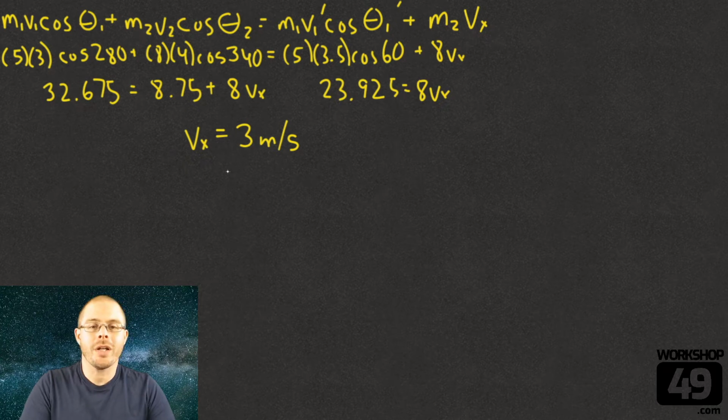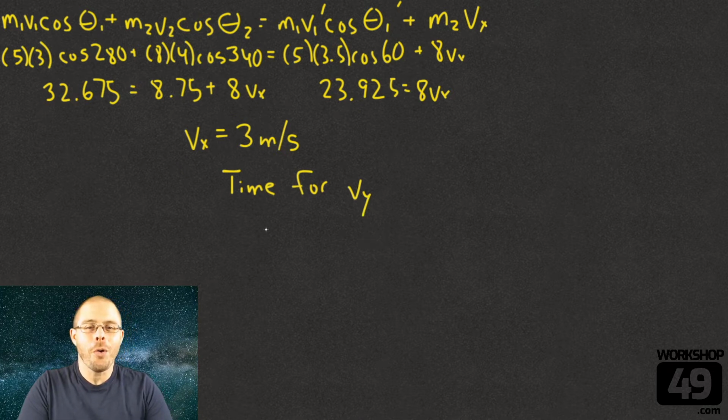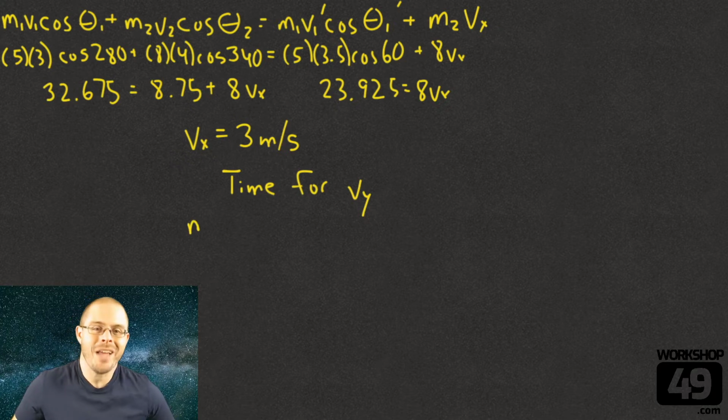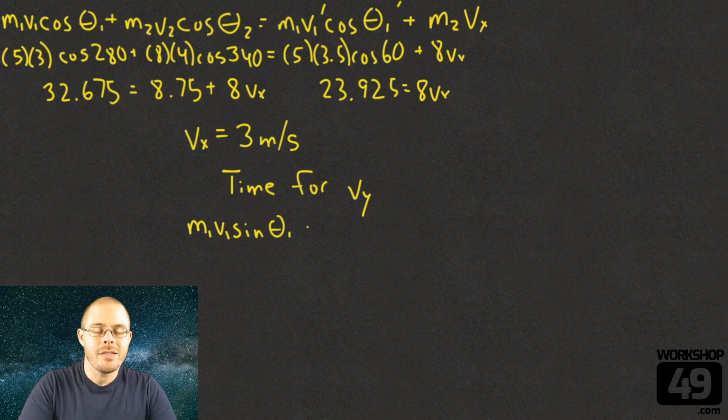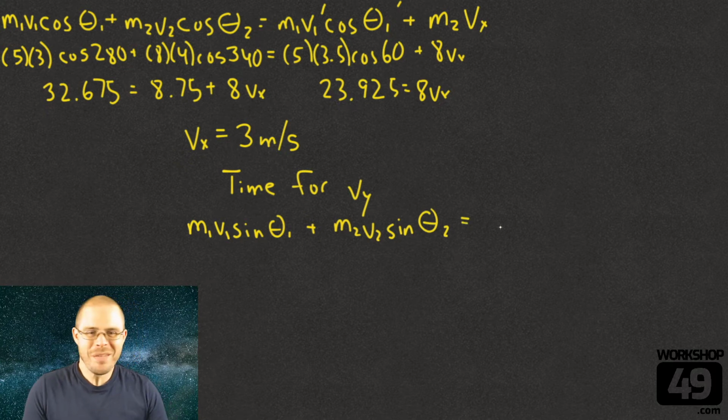Once again, we're going to set up a modified momentum equation, except this time, instead of coses, we're going to be using sines, because sines of thetas give us the up-down components. So we have m1 v1 sine theta 1 plus m2 v2 sine theta 2. See, it's the momentum equation. It just has sines in it.